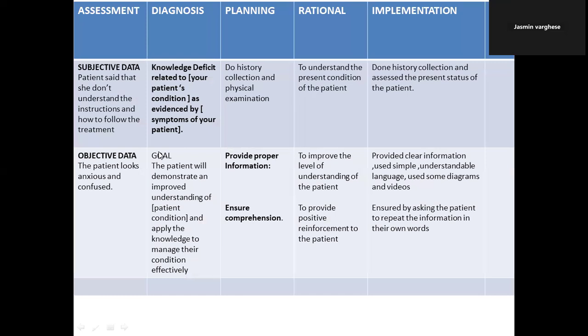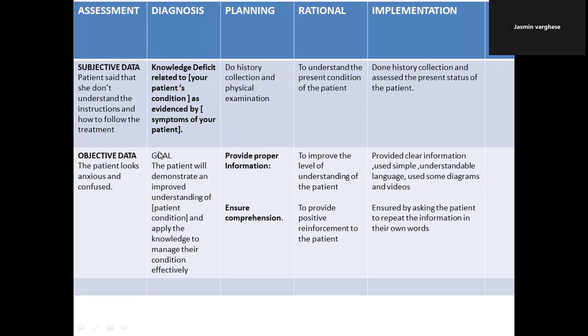Under assessment, you have two things: subjective data and objective data. What is subjective data? What the patient is saying about their condition. What is objective data? What you are observing from the patient's situation. So here, what is subjective data? The patient said that she doesn't understand the instructions and how to follow the treatment, because that's why we are creating this nursing diagnosis, knowledge deficit.